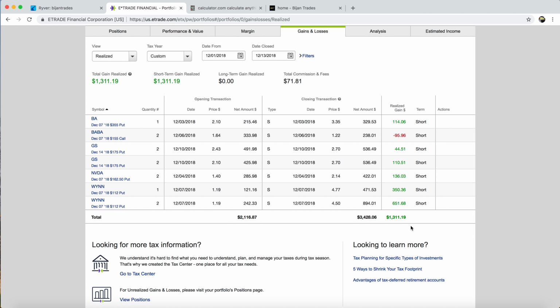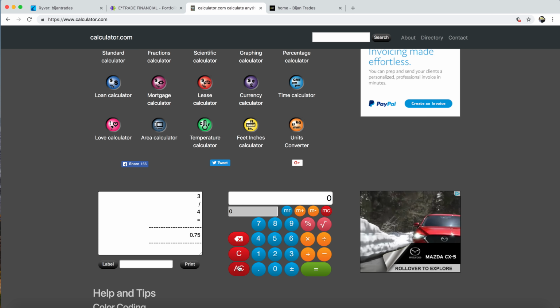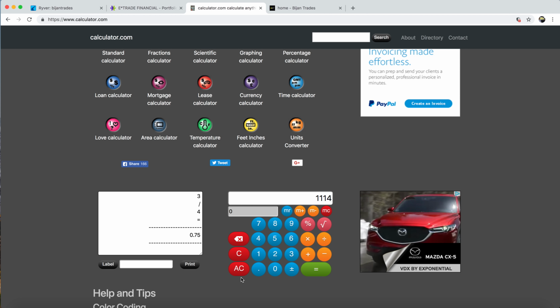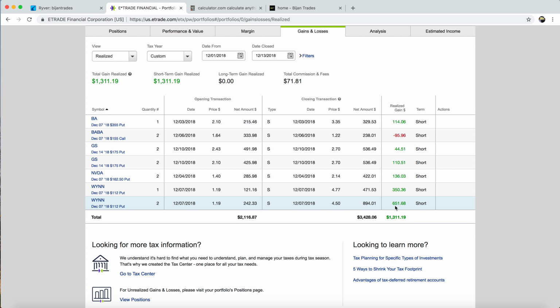So that's pretty much that. I'll add up the numbers here for you guys. You guys don't need to see it, but you know what? I'm just going to do it on my phone. You guys can just follow along.